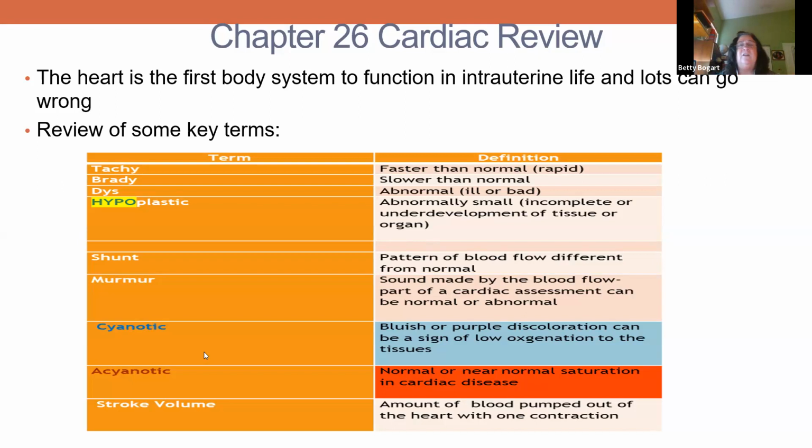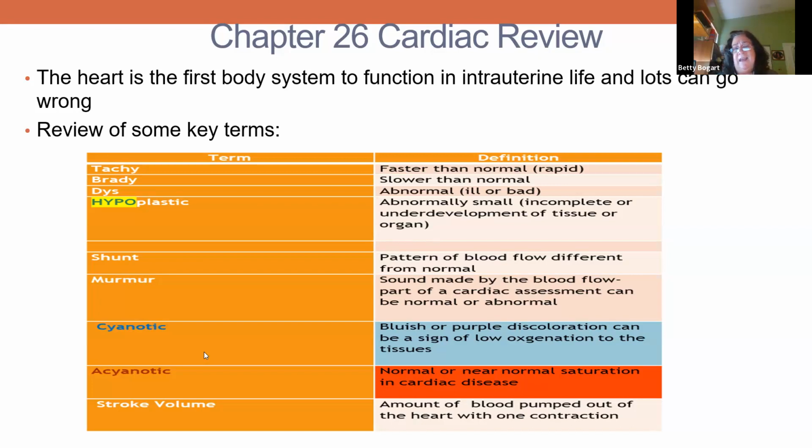Cyanotic is when they start turning colors. You know, their lips aren't pink, their tongues aren't pink, their ears, their fingers, you can see they're turning dusky due to lack of oxygen. Acyanotic is when there is a normal type of heart condition. Now, VSDs, ASDs, they're still getting oxygen around the body. It's an acyanotic heart disease.